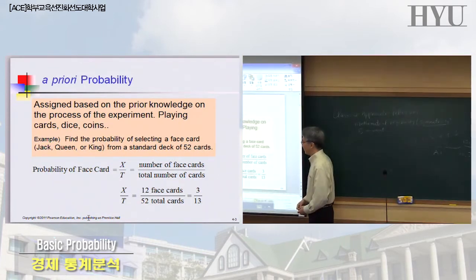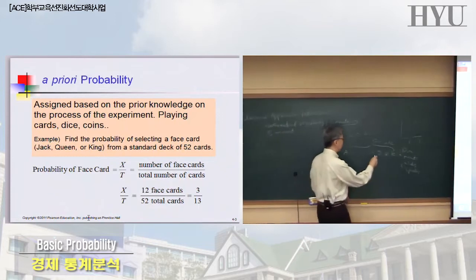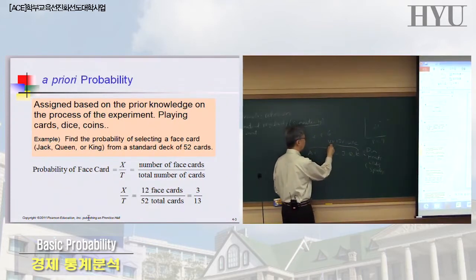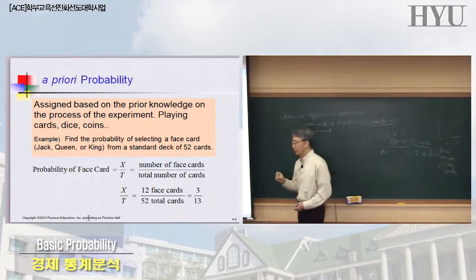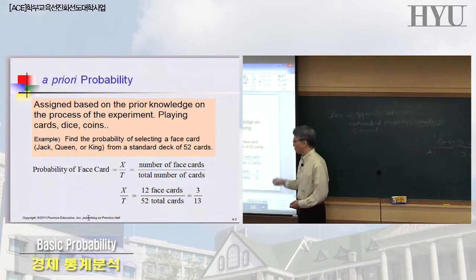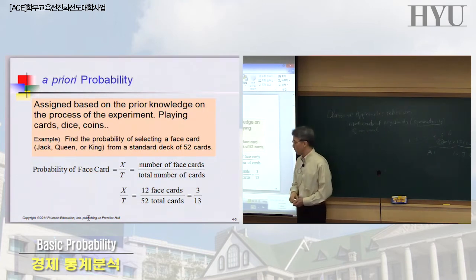So, a total of 52 cards, because we have 4 suits. Each deck contains 52 cards. So when you pick a card randomly from one deck, what's the probability that you will pick a face card?